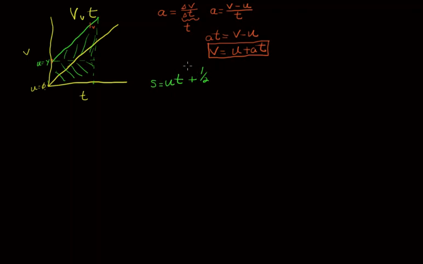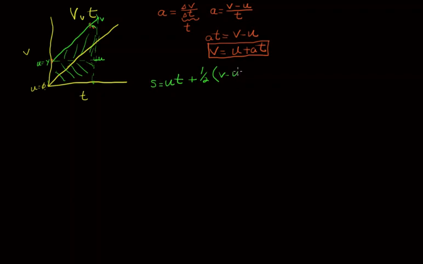1/2 of, now this is where it gets a little bit complicated. It's this right here. The V is right there. Now V is actually V minus U, right? That would be this value here.